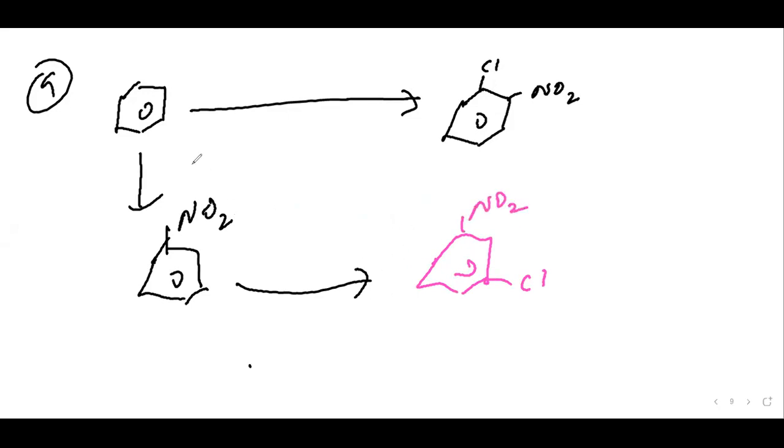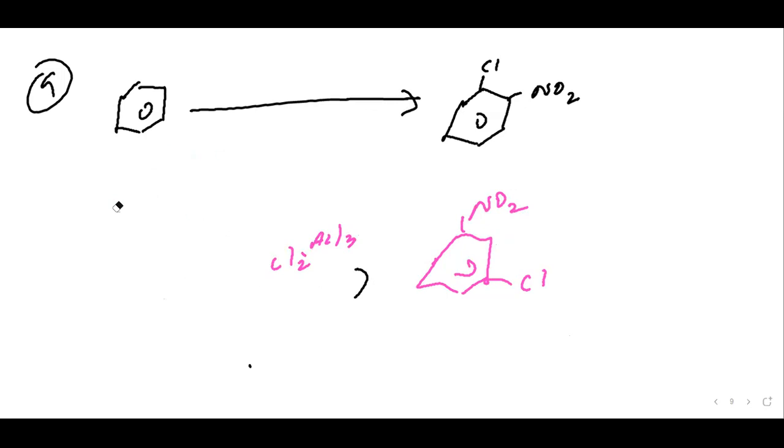Pramodi, is that clear? Yes, sir. Okay. Therefore you always have to be careful: with the same reagents, if you don't put them in the correct order, you get something else.